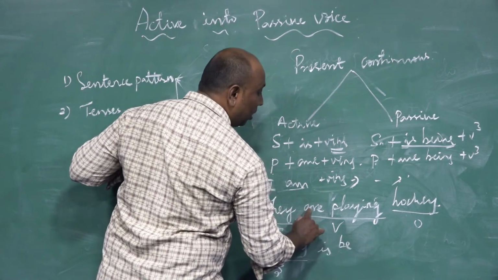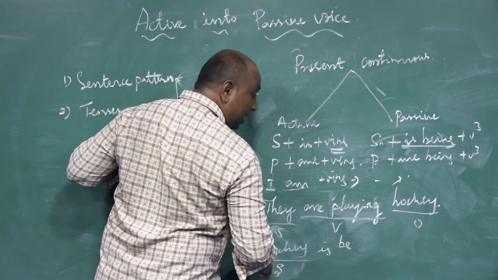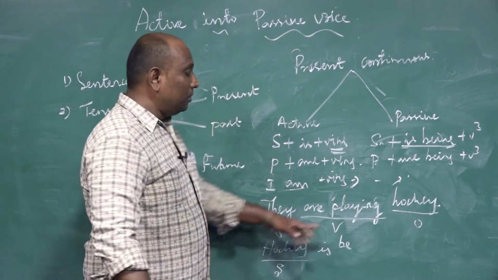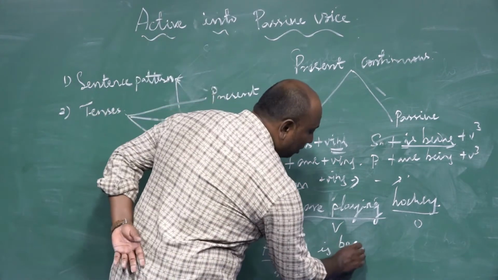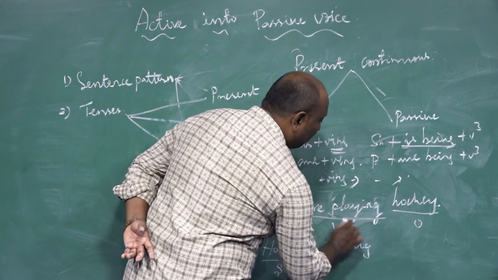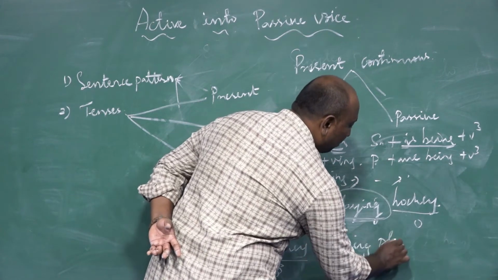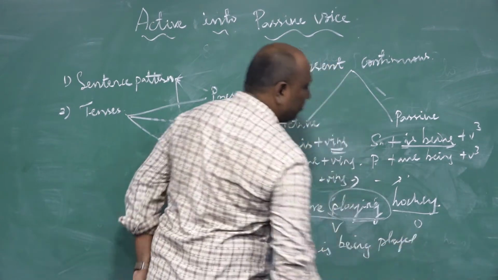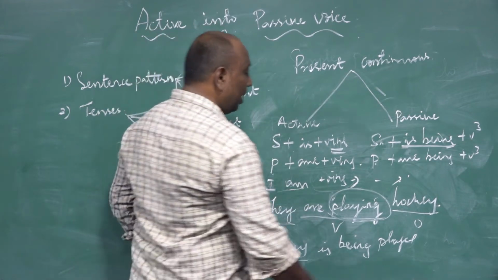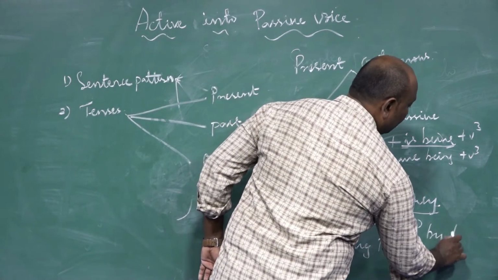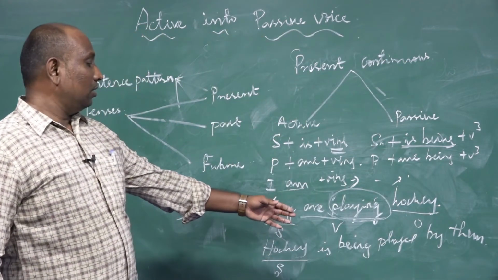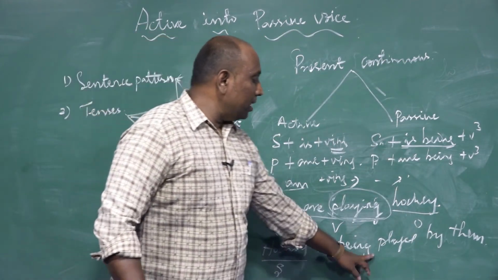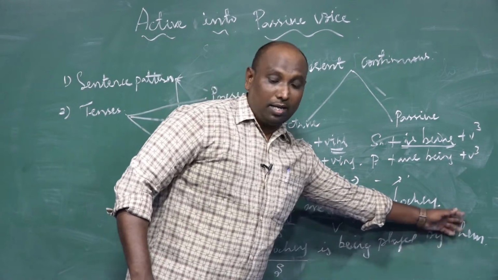No doubt the original is plural, but when the object comes into the place of the subject, it is singular. So we have to go with "is being" and the third form. What is the third form of play? Play, played, played. Played by them. So look at this: Hockey is being played by them.